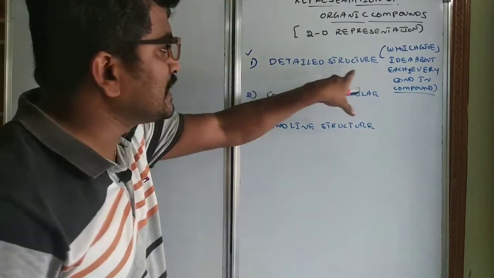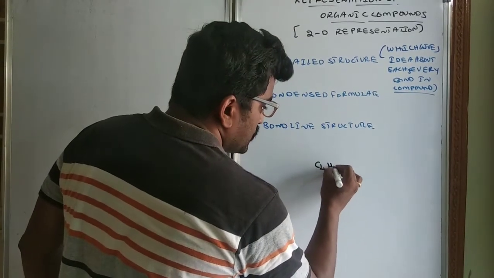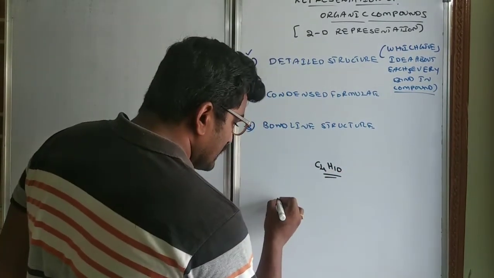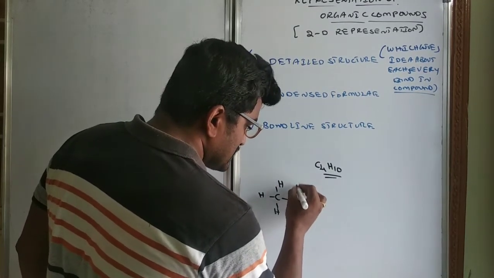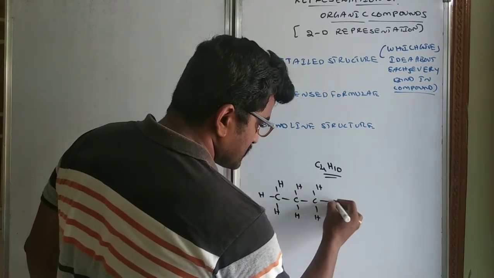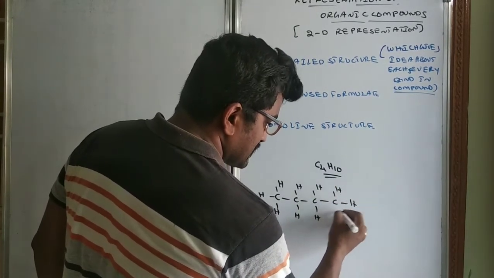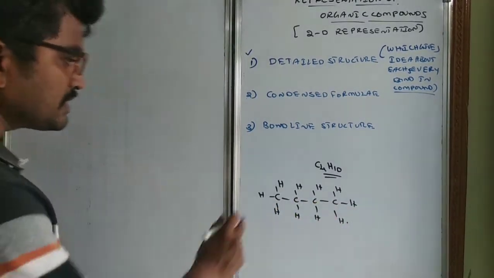Here I will take butane. Butane, you know very well, H, H, H, C, H, H, C, H, H, H, H, and then H will come. This is the detailed structure for butane.